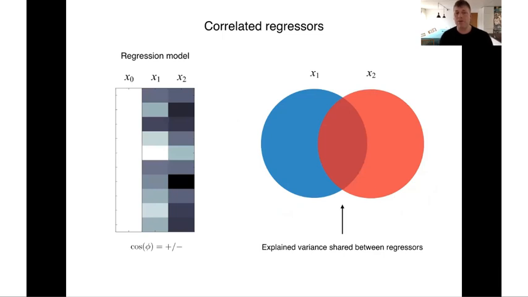However, we could imagine having a regression model with various predictors, with various regressors, and we could imagine that these regressors, so x1 and x2, are correlated.